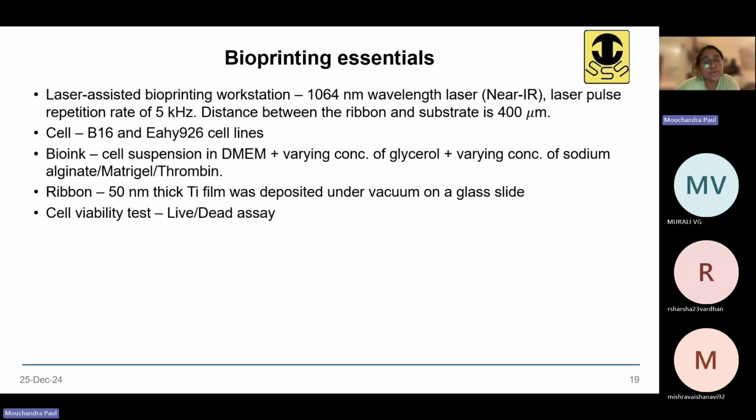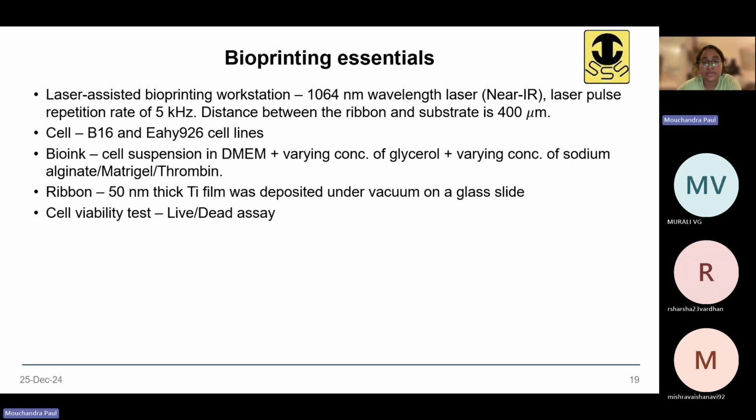So what is the setup that they're using for this study? They're using a laser assisted bioprinting workstation containing a near-IR laser with a 1064 nanometer wavelength. The laser pulse rate is kept constant for all the experiments at 5 kilohertz, and the distance between the ribbon and the substrate is 400 micron.